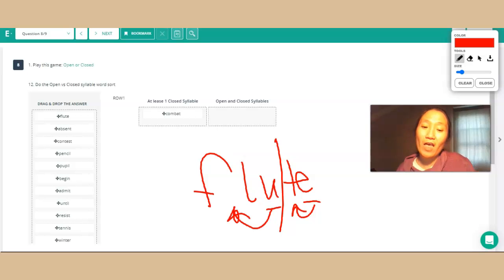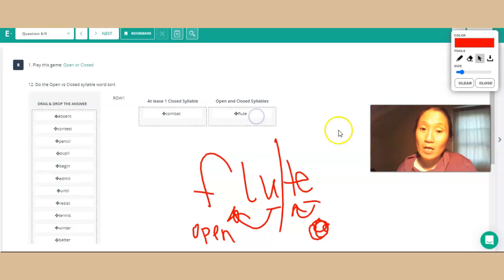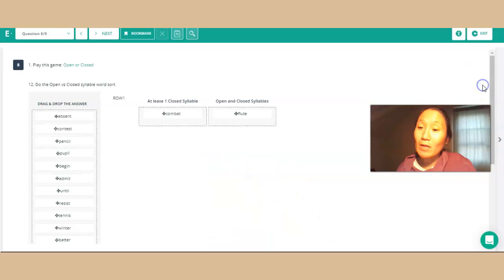I already know F-L-U, that U is open, so this is an open syllable, and this T-E is kind of an open one too, but the T just has to have the E. So that one has at least one open syllable, so I'm going to grab it and plop it over here. Now you need to go through and try to find out if these are open or closed syllables. Questions, concerns, please let me know.